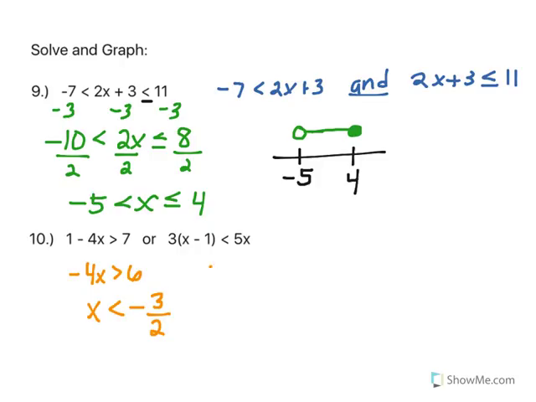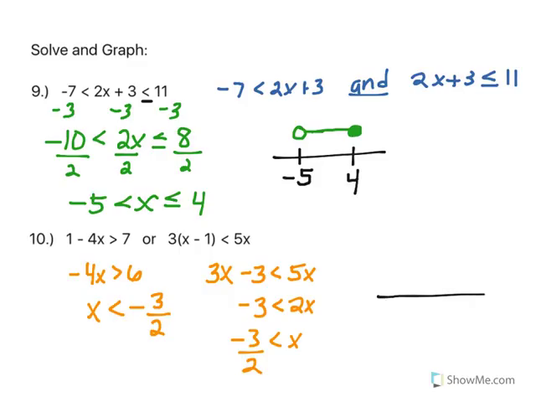This other one, I'm going to use the distributive property to get 3x minus 3 is less than 5x, then -3 is less than 2x. And I'm going to get x is bigger than -3/2, dividing by a positive, so don't flip it around.